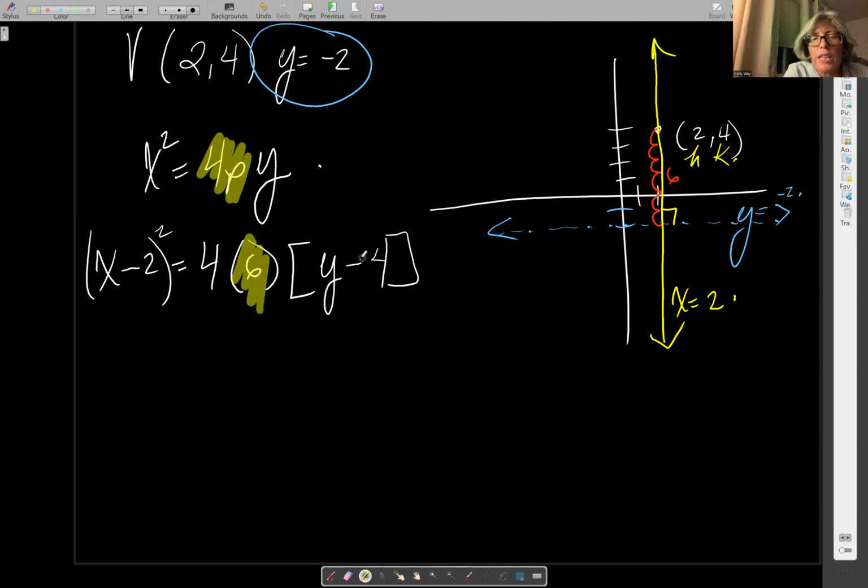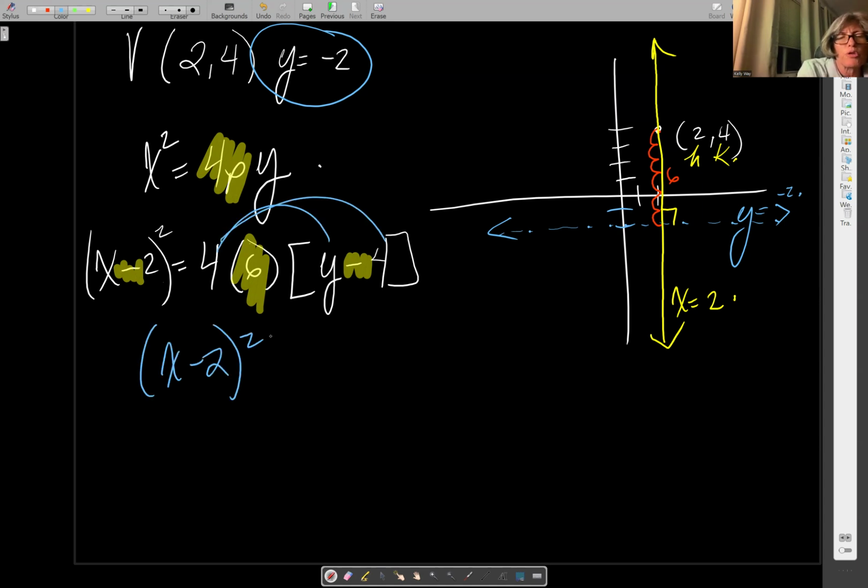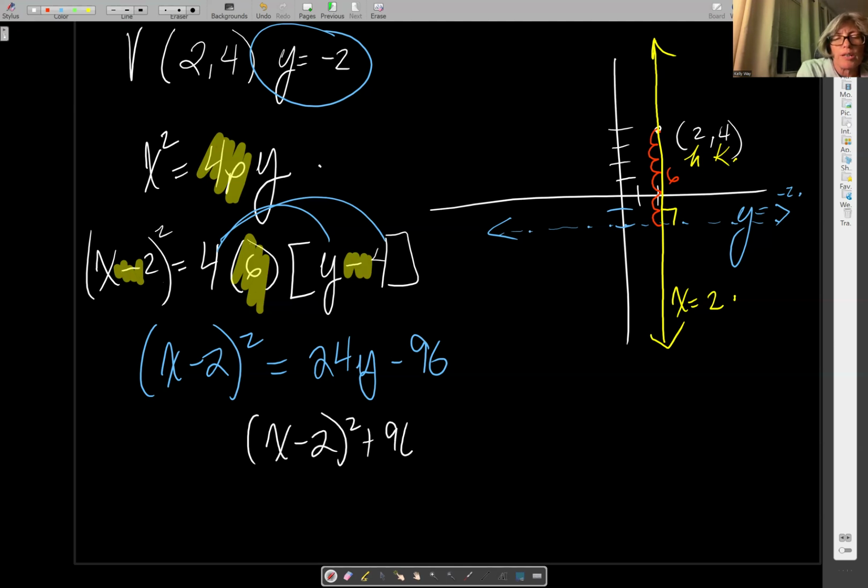And because we're shifting, minus, minus, and you can distribute here. So I have (x minus 2) squared equals, and of course it's 24y minus 96. We're going to bring this over. That's going to be (x minus 2) squared plus 96 equals 24y.